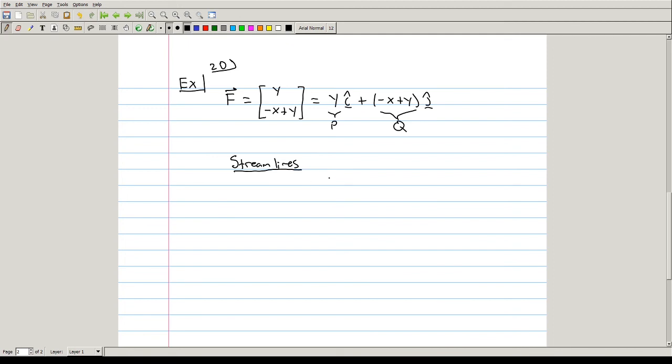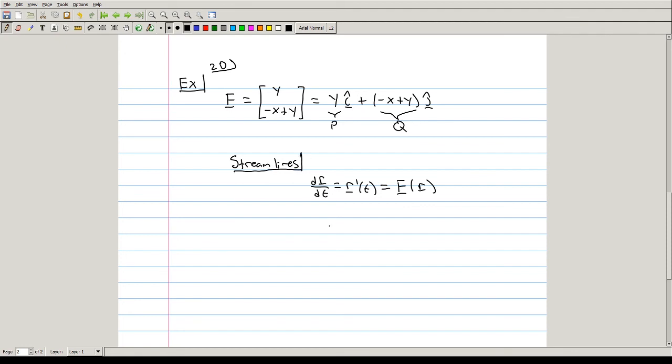This is the collection of lines that satisfy dr dt, or r prime of t, is equal to the vector field F at r. So in general, this is the correct way of defining the streamlines.